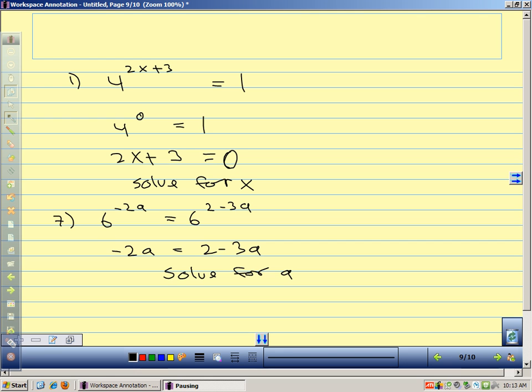Let's look at something like number 10. Number 10 tells us that 2 to the x over 2 to the x equals 2 to the minus 2x.